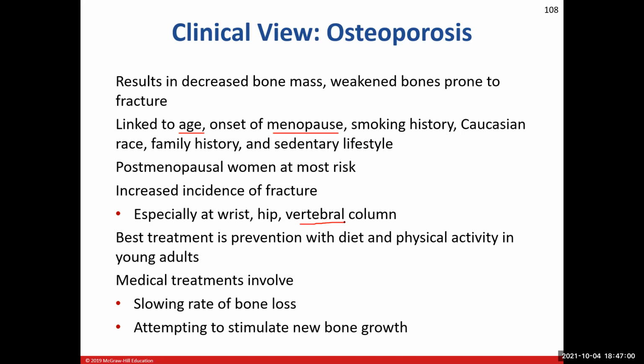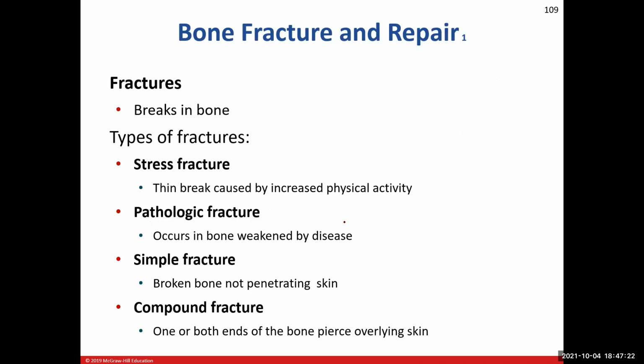Diet and physical activity are the best ways to prevent this from happening. But in certain situations, eventually, you can't run away from genetics. So medical treatments, interventions, pharmacology, certain drugs can help with that. And again, what we try to do is just slow that loss of bone tissue.